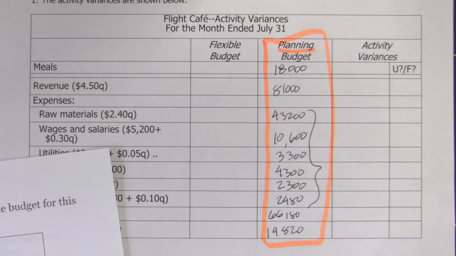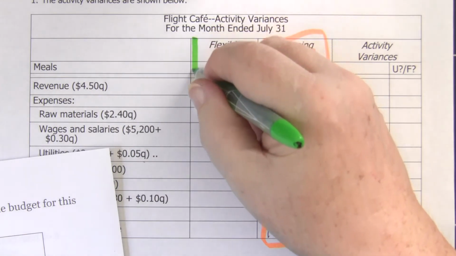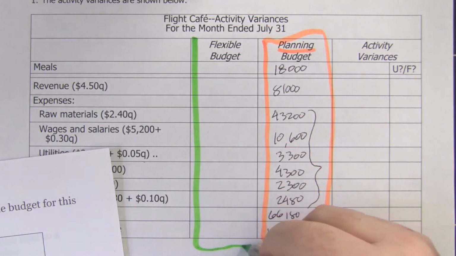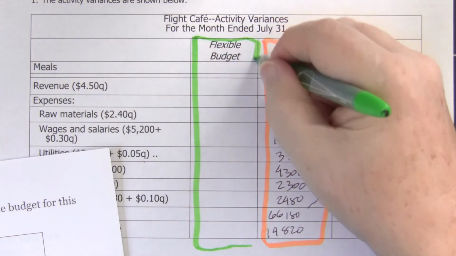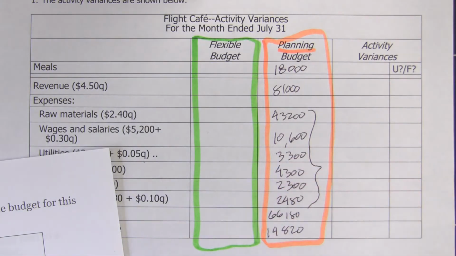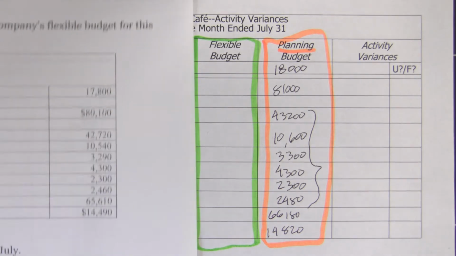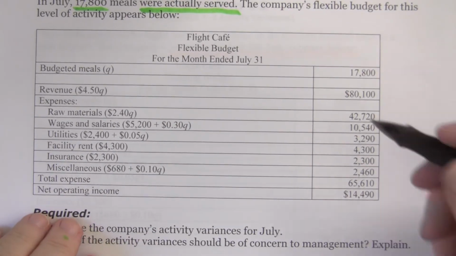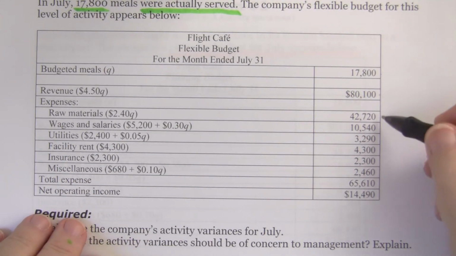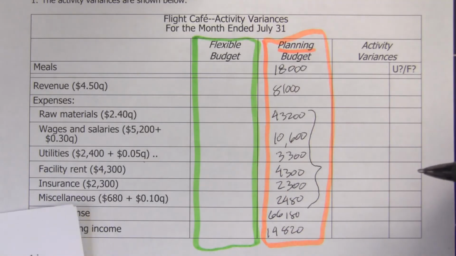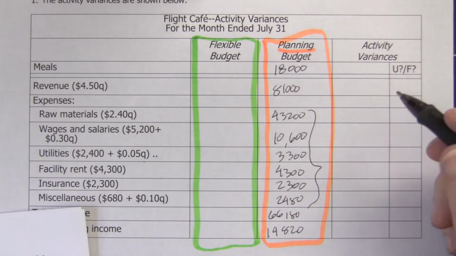So everything in the flexed budget, everything in this column, is going to be real numbers. That's what we actually earned. That's what we actually got. And we're just going to go down and copy the numbers that they gave us, just like we did with the planning budget.